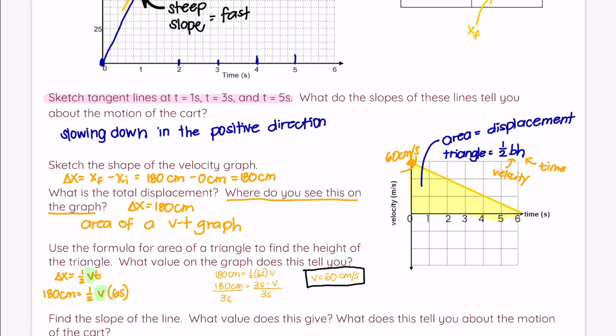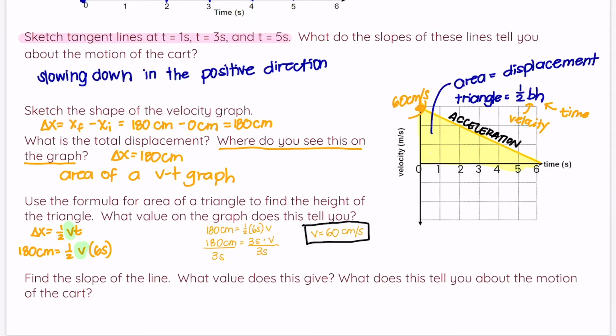All right, and so now we're going to find out what the slope is. And the slope is the acceleration. So last class we talked about how there was constant velocity, and so this would make like a rectangle shape, and now we have a changing velocity or a constant acceleration. And so our constant acceleration is just going to be a is equal to final velocity minus initial velocity over final time minus initial time. And our final velocity here is 0 centimeters per second minus our initial velocity of 60 centimeters per second over 6 seconds minus 0 seconds.